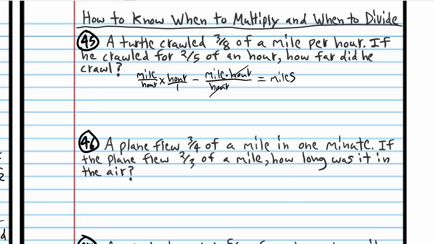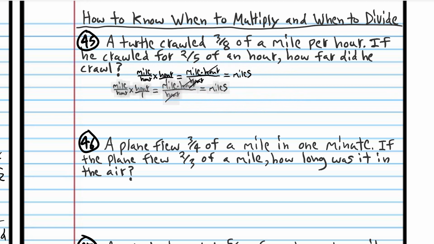I don't know what happened to my other line there for the equal sign. Now I'm going to show you some options that will give you the wrong answer, or that will tell you that it's the wrong way to do it. So that was using the factor label method for that one.